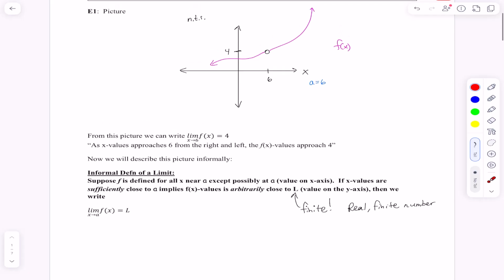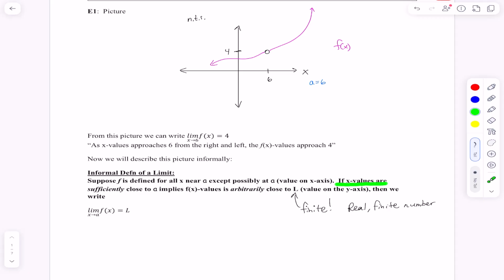So that leads us to the informal definition of a limit. Suppose f is defined for all x near a except possibly at a. So in the previous example, a is actually 6. So the function is not defined at 6, yet we could still talk about a limit as x approaches a from both sides.